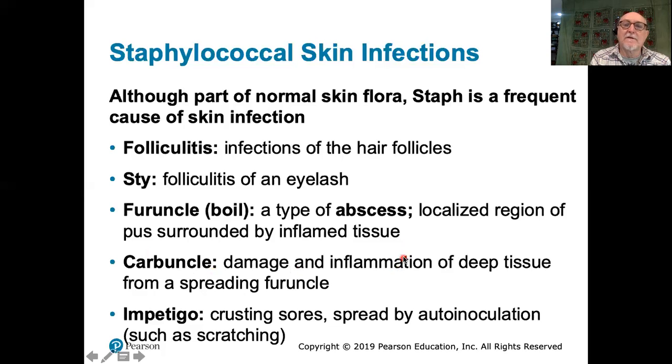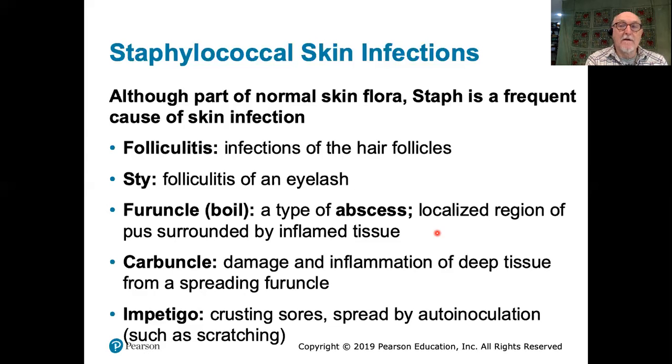And a furuncle typically has a very inflamed tissue, a collection of pus, and then a head to it, an area at the surface of the skin which becomes necrotic and eventually will come loose, and the boil itself expresses, and the pus and everything leaves the boil. That's often sufficient to begin a healing process.